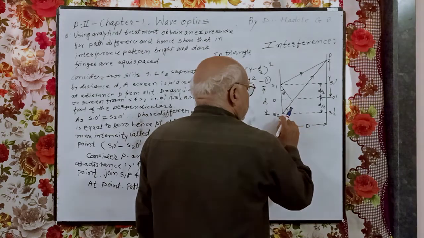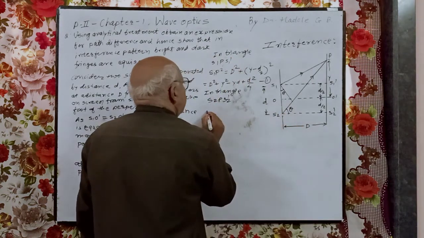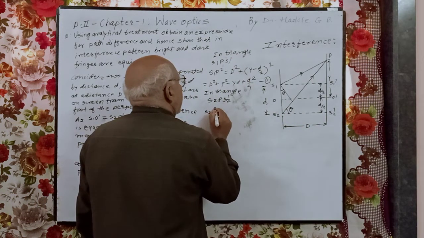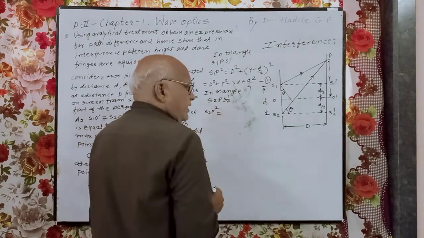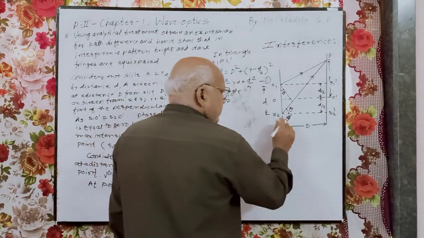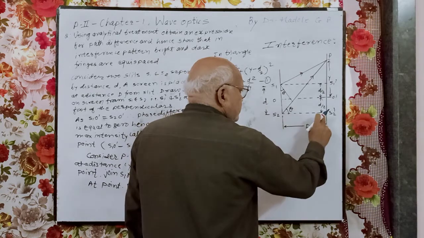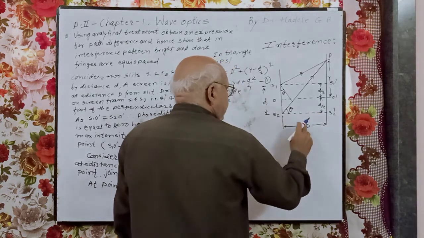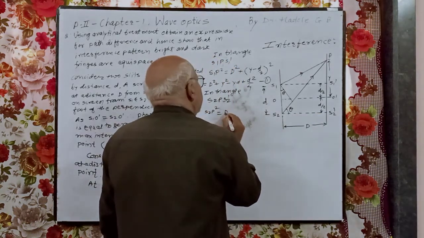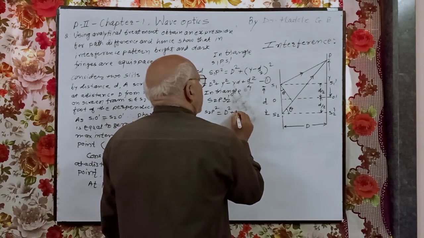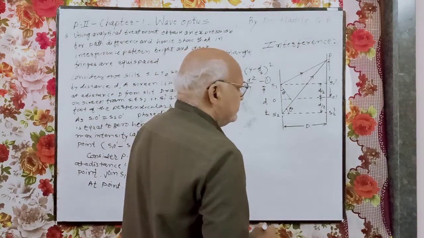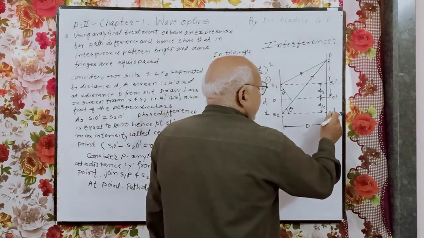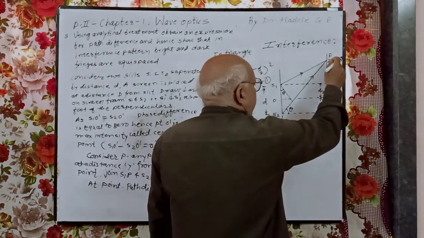S2P square is equal to D square, since S2 dash is capital D, that is the base, plus S2 dash P square.